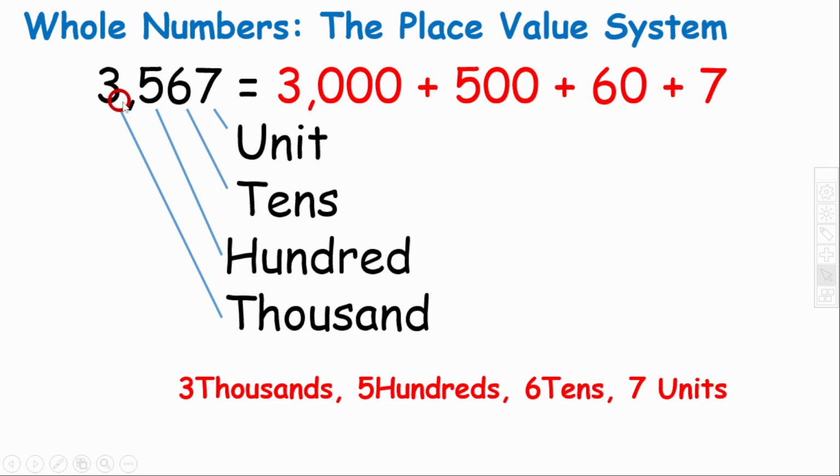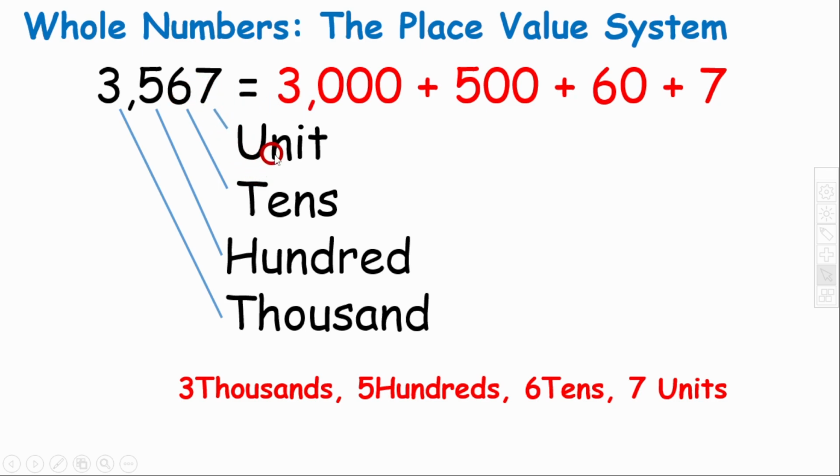So 3,567 is actually a combination, or an addition, of 3,000 plus 500 plus 60 plus 7. So now that we know the breakdown of this number, you can easily know the value of each and every digit inside it.